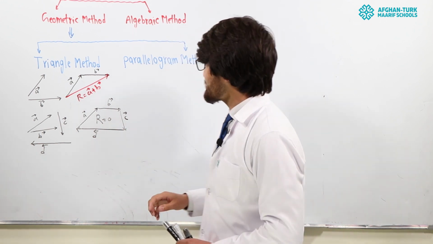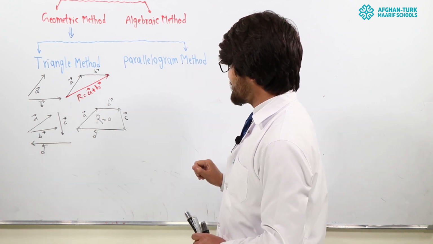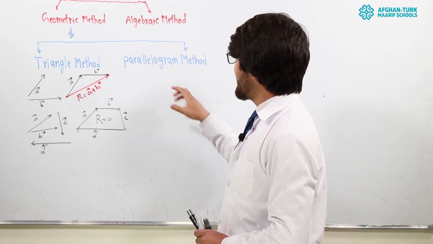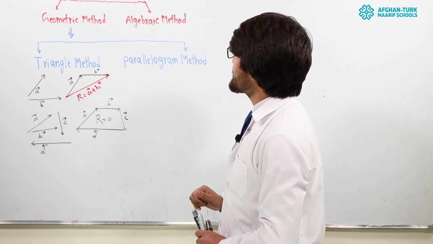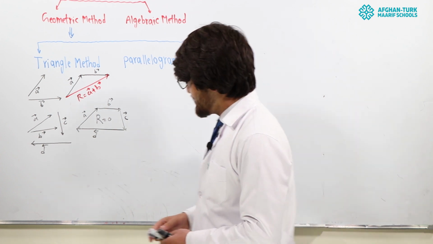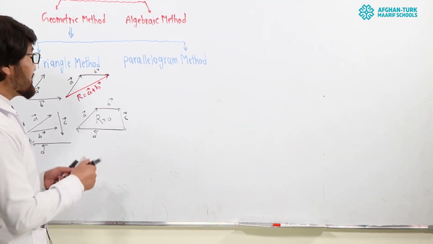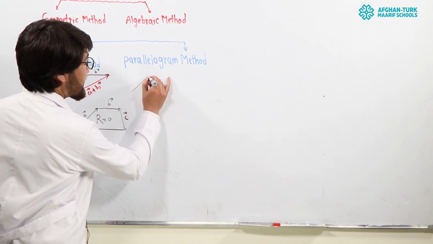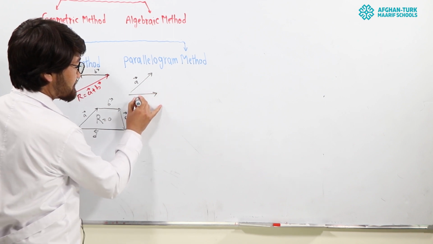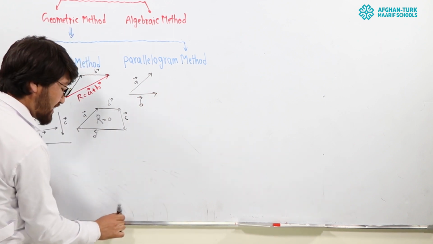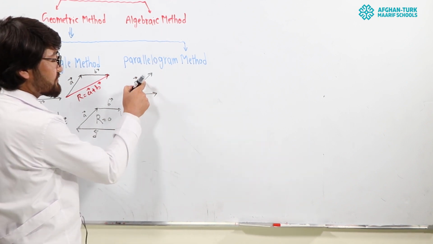Remember this point. Now come to the parallelogram method. How to find the resultant of vectors in this method? Here we have vector A and vector B. We want to draw the resultant of two vectors.